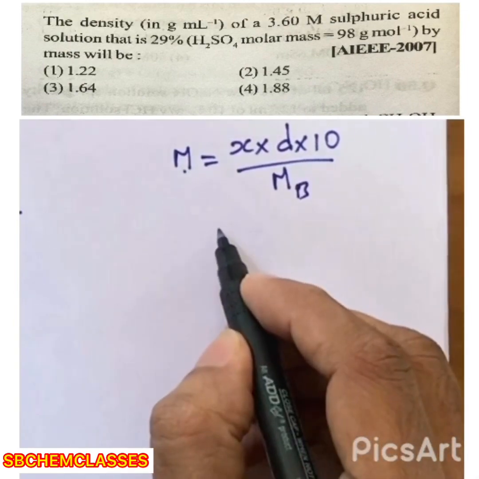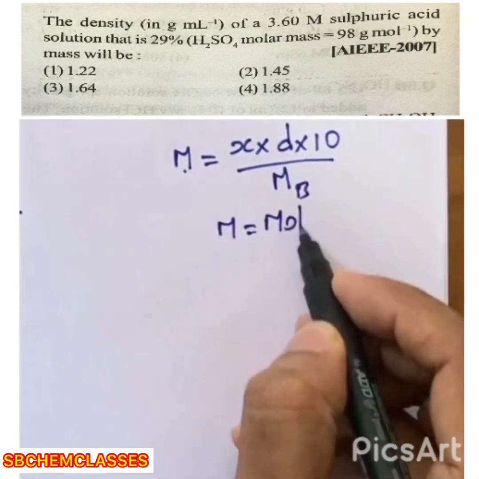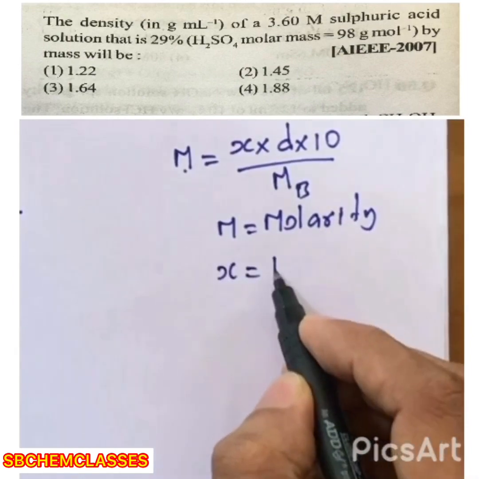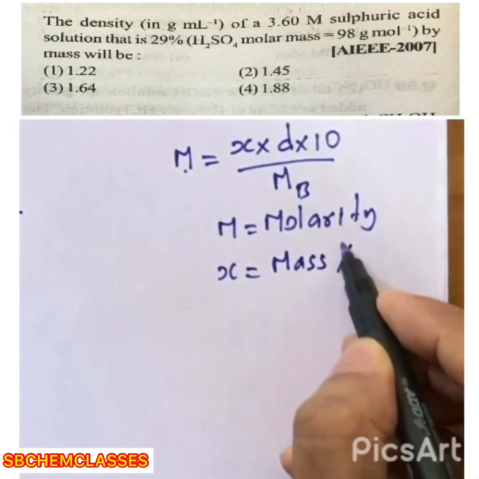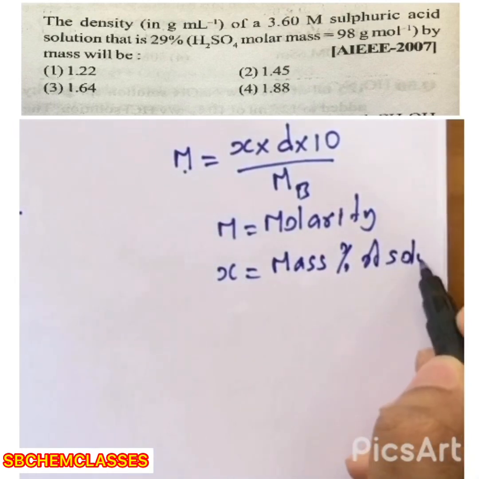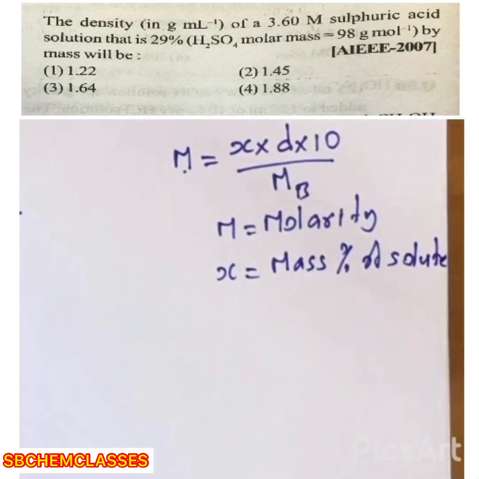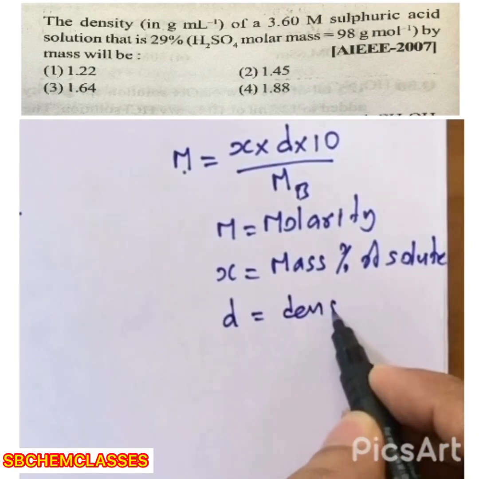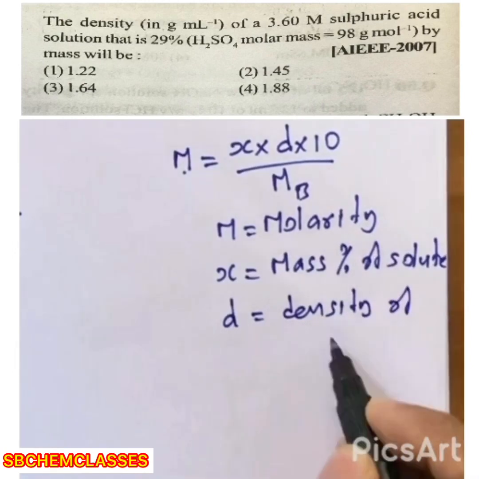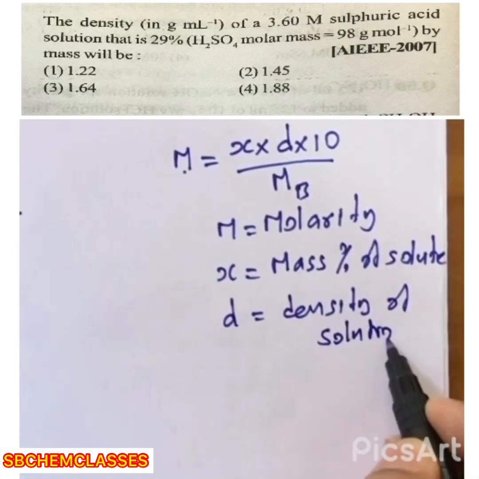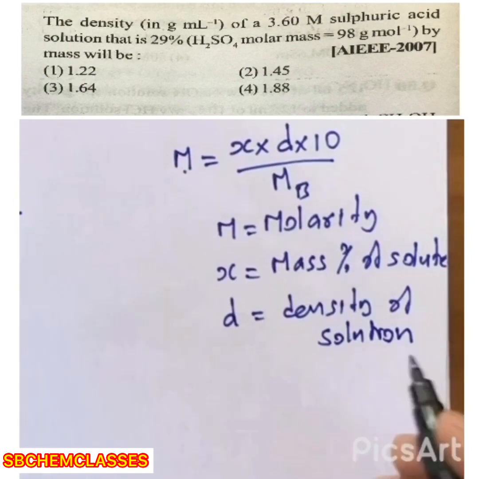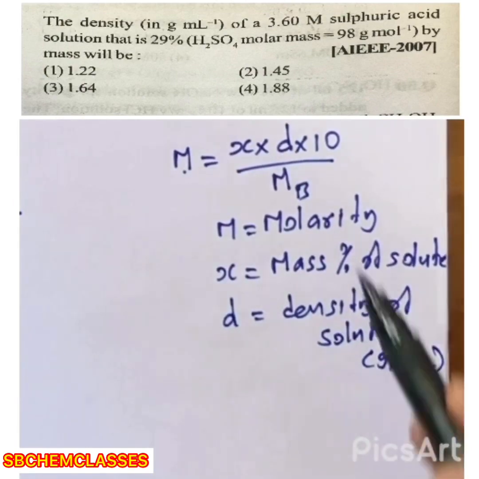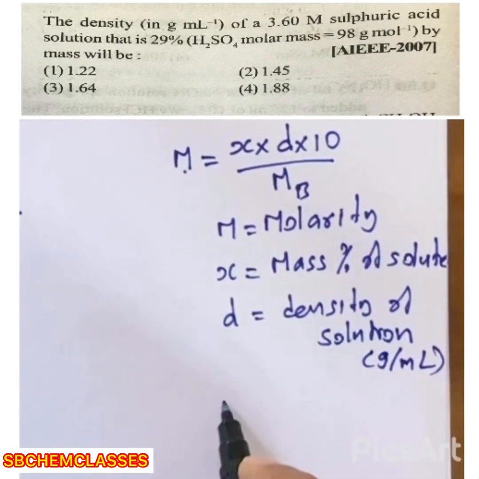This m is molarity. X is mass percentage of solute. D is density of solution. This density of solution should be in gram per milliliter. Then only this equation is applicable.